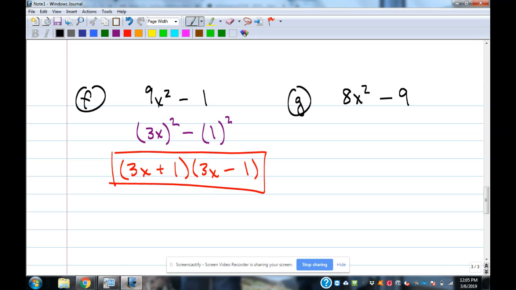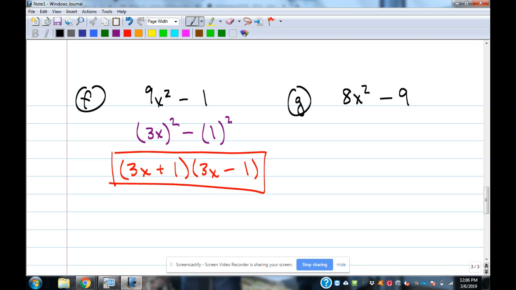Okay. Is 8 a square number? Is it in that list? The only square numbers I see are 1, 4, 9, 16, 25. I've already passed it. If it was a square number, it'd be between here and here, right?